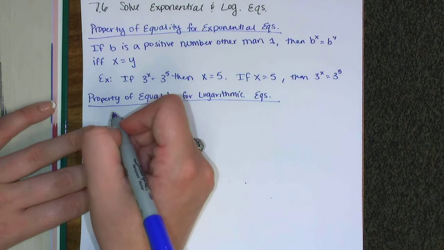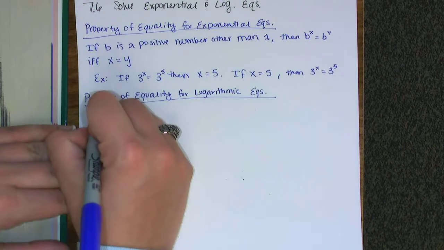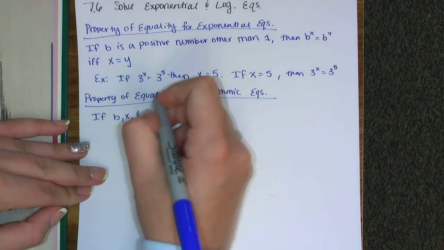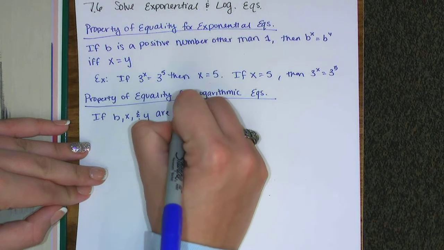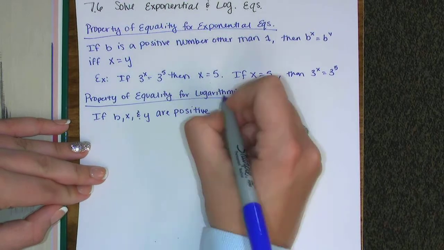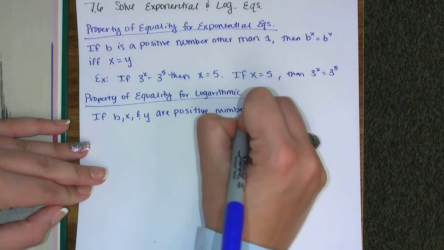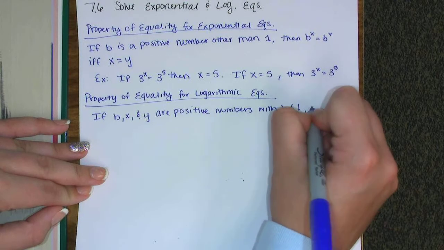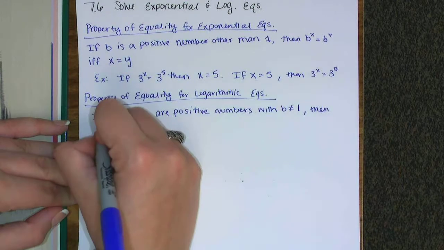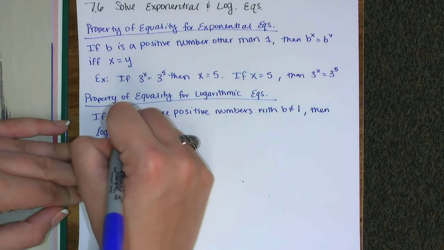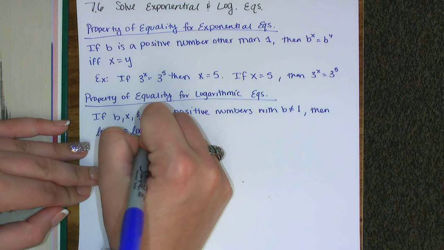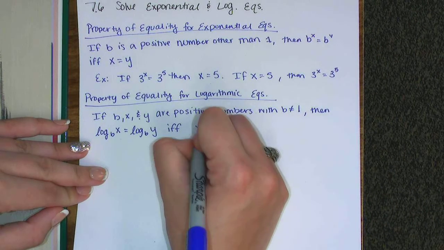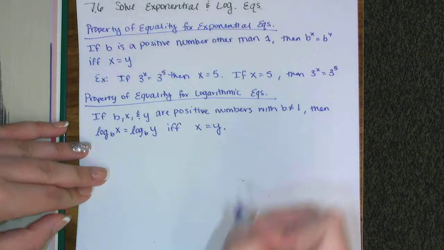This one says that if b, x, and y are positive numbers with b not equal to 1, then log base b of x is equal to log base b of y if and only if x is equal to y.